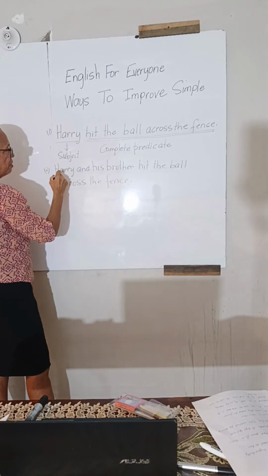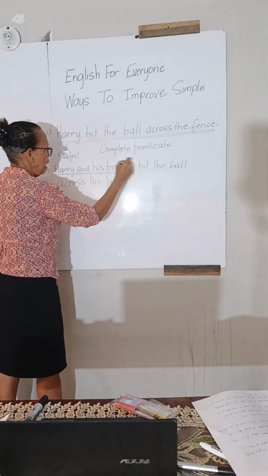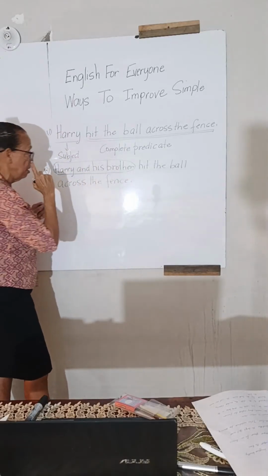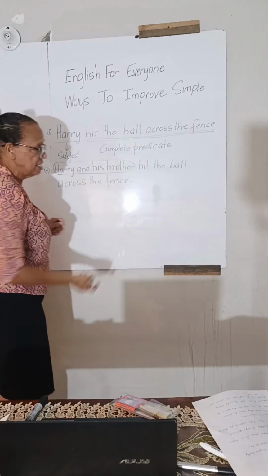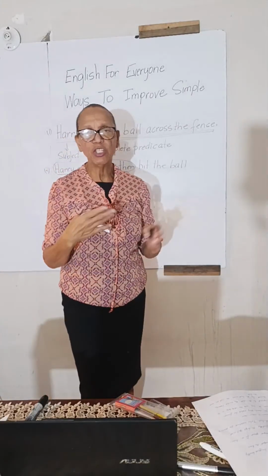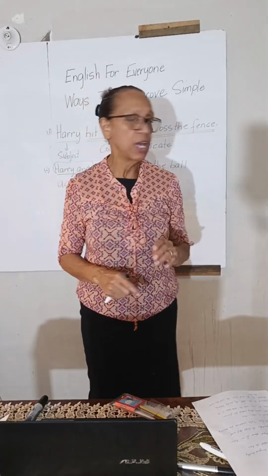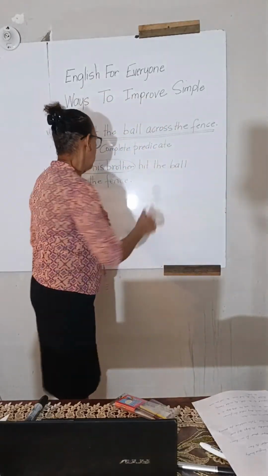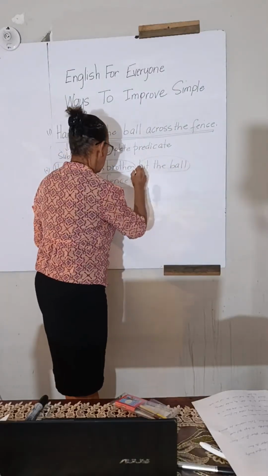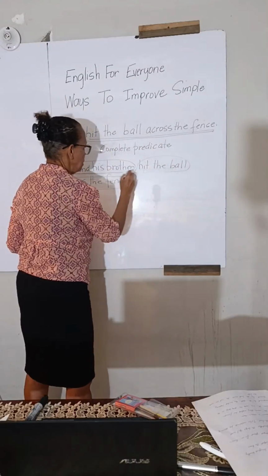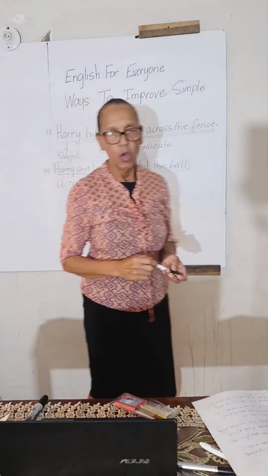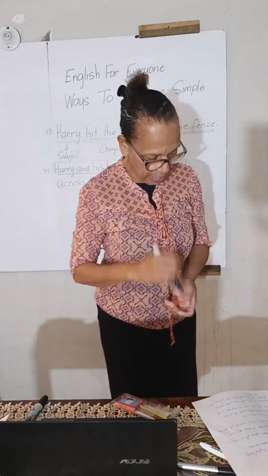Harry and his brother. So we have a complete subject there because you have the "and his brother." So it's more than just the main subject. So this is what you call a complete subject. So we have a complete subject and a complete predicate.